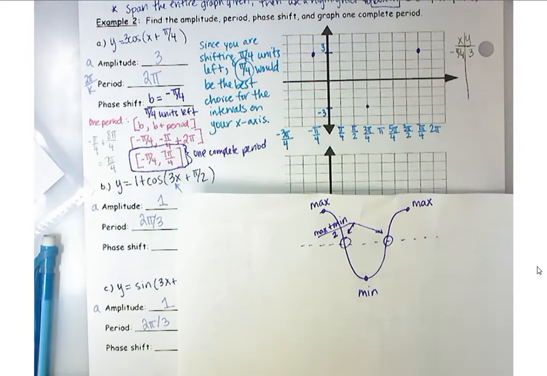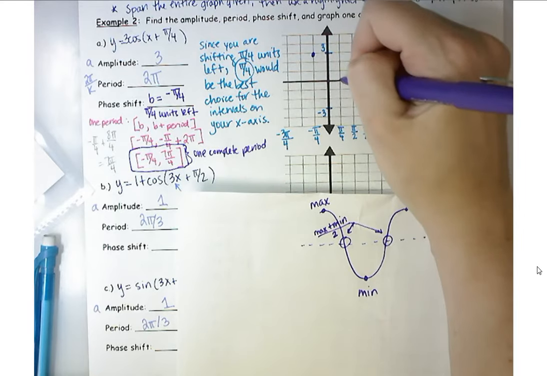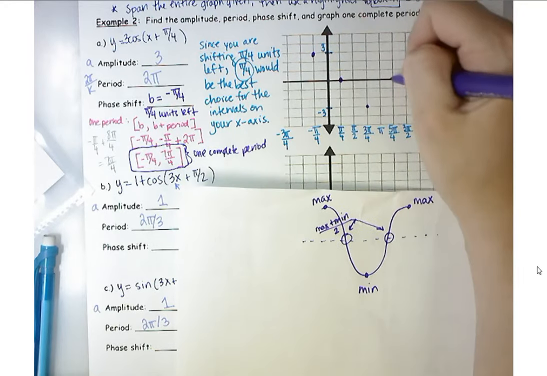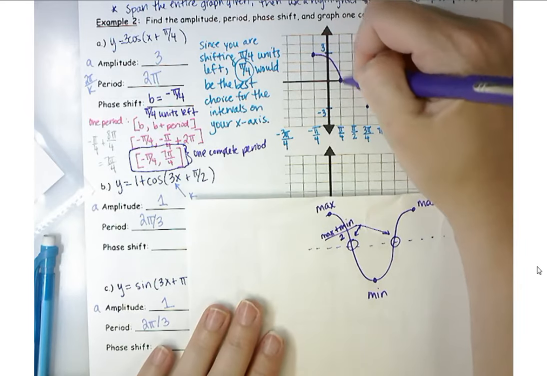So if my max value is 3 and my minimum value is negative 3, 3 plus negative 3 is 0. 0 divided by 2 is 0. So this one, halfway in between, it's going to hit 0. Okay, and then I can go ahead and connect these with a curve.